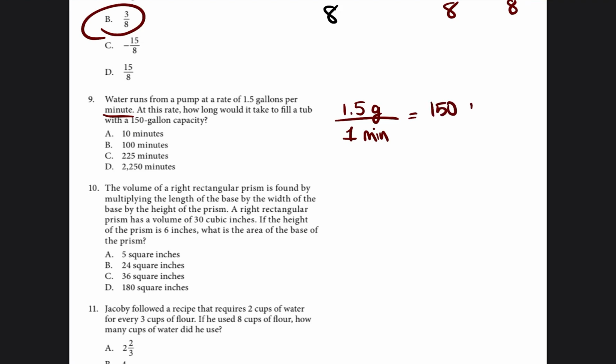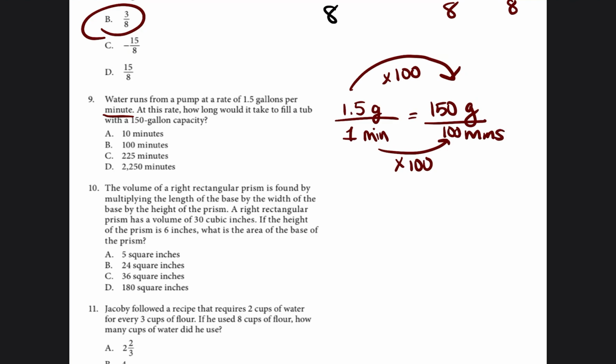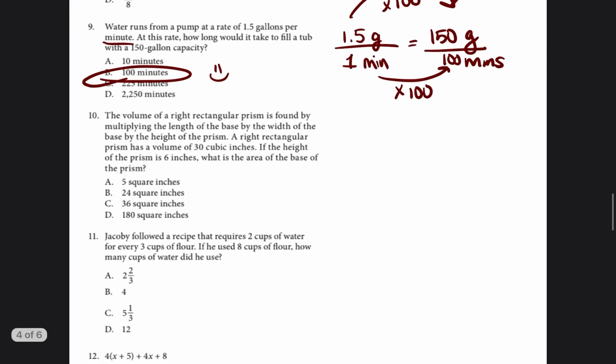So in order to get from 1.5 to 150, you multiply by 100. So I gotta multiply this bottom number by 100. So it would take 100 minutes. And I hope that's an answer choice, and it is. B. Yay!